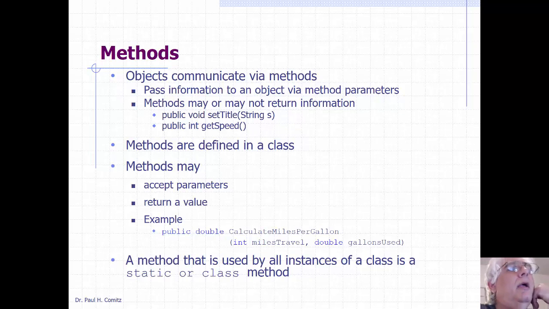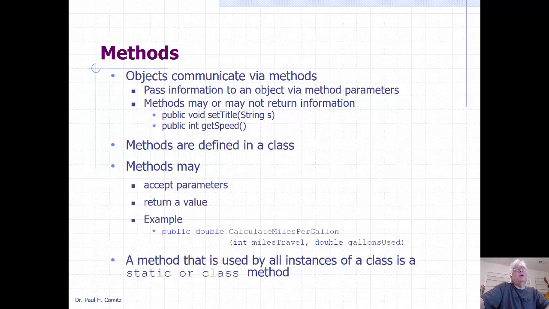So here's a couple of examples. We've got public void setTitle(String s). So what have we got going here? This is a method whose name is setTitle. It accepts one parameter of type String.